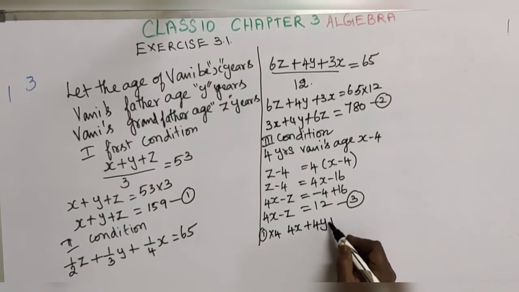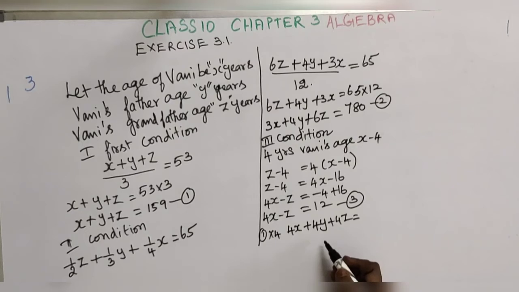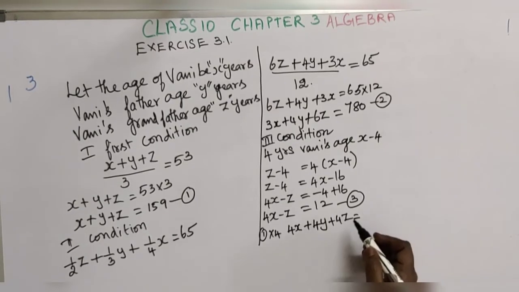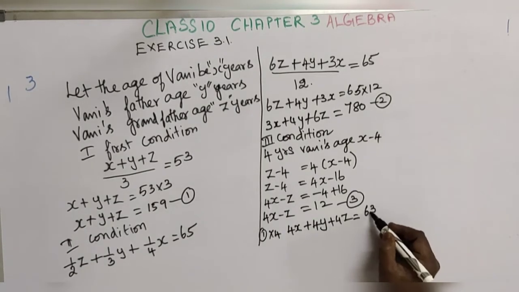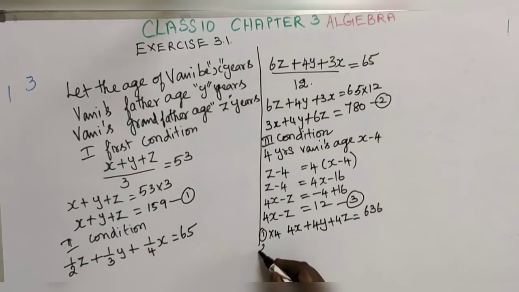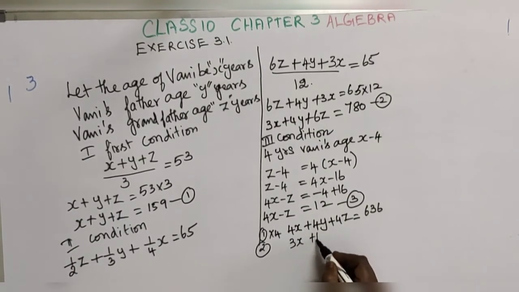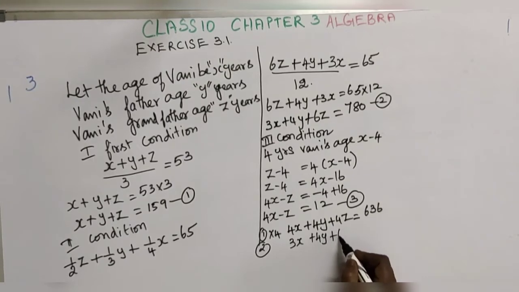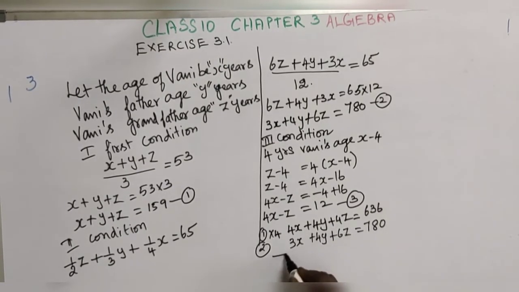So 4x plus 4y plus 4z equal to 159 into 4, 636. Now the second equation as such: 3x plus 4y plus 6z equal to 780.